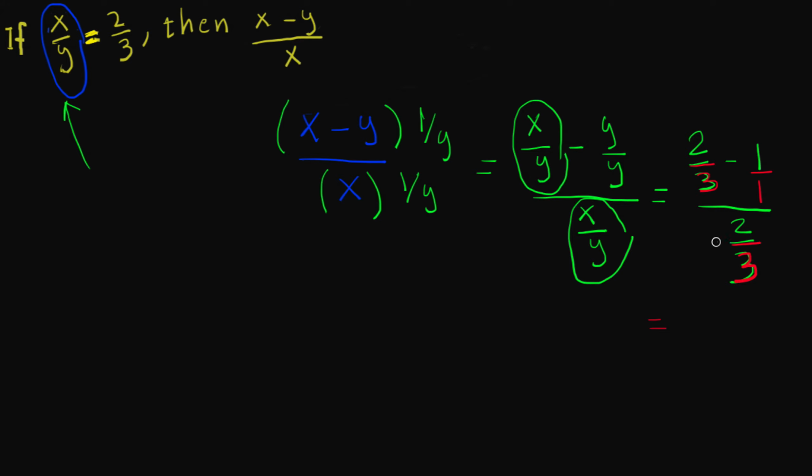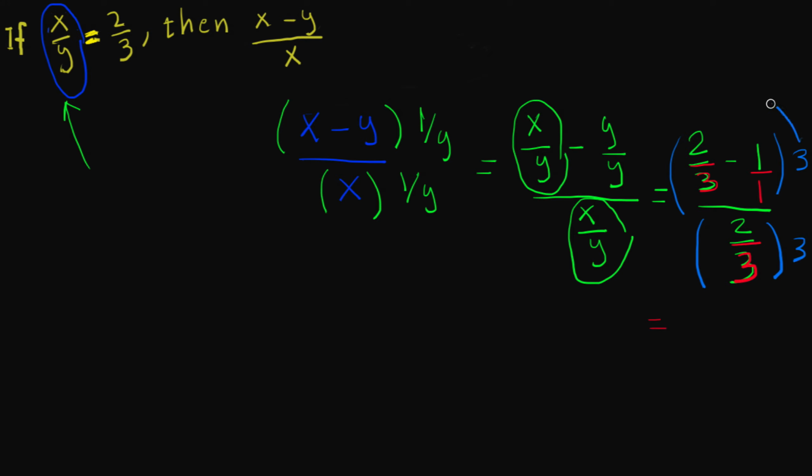The least common denominator between the 3 and the 1 is the 3. So I multiply the numerator and the denominator both by the least common denominator, which in this case is 3.